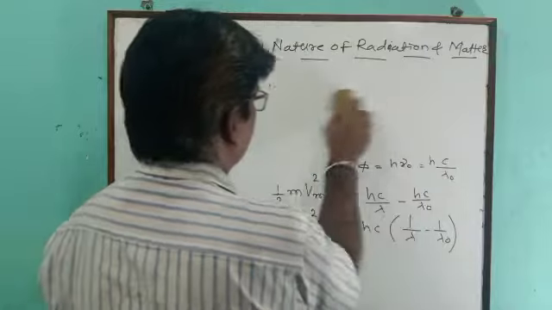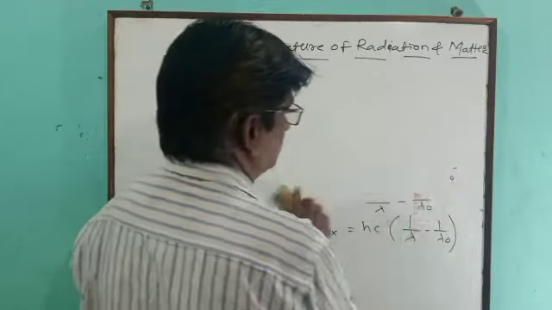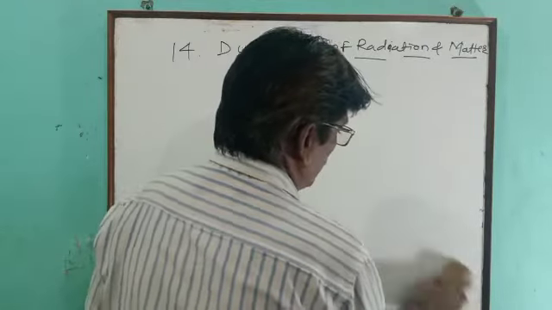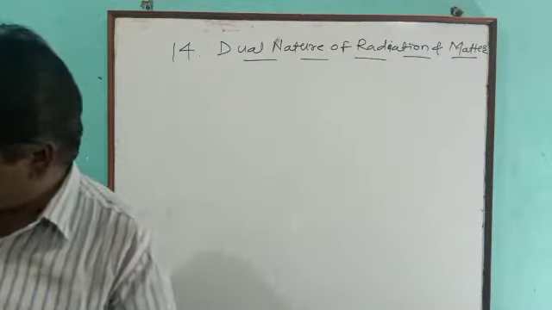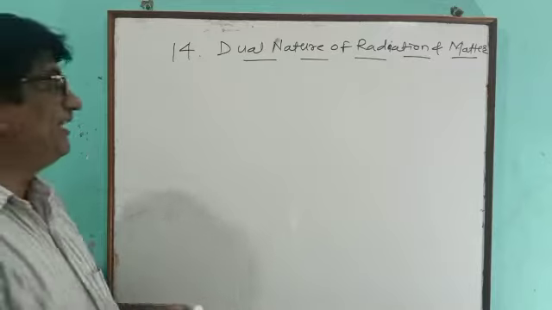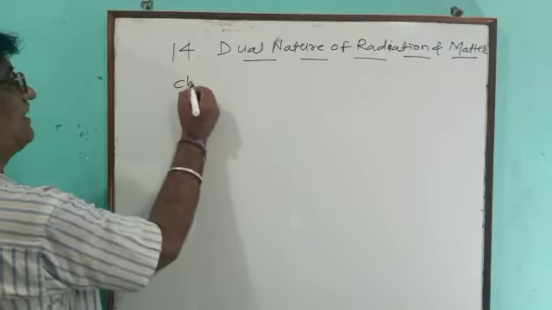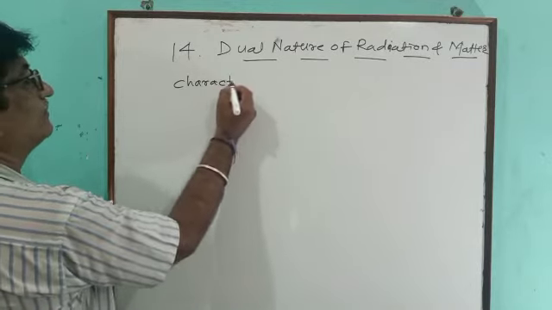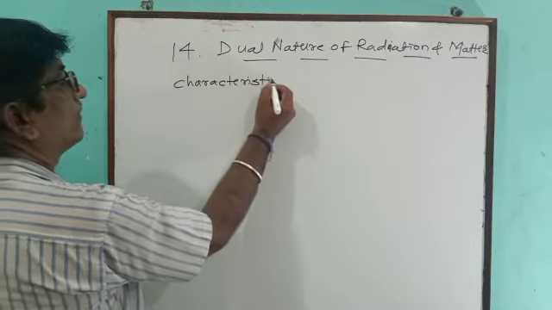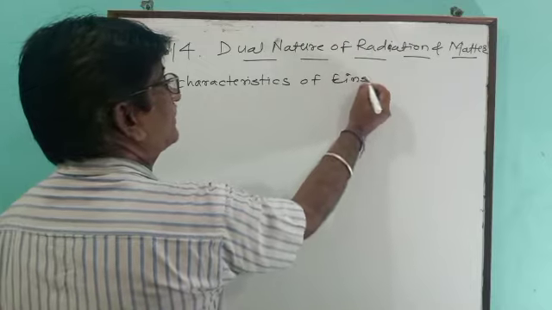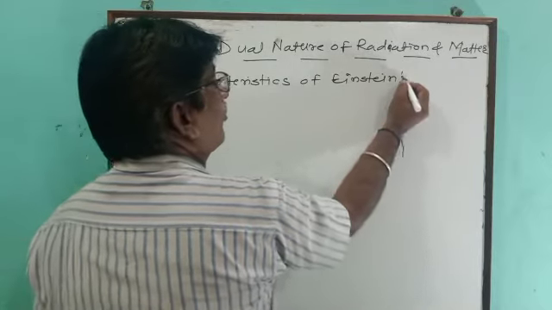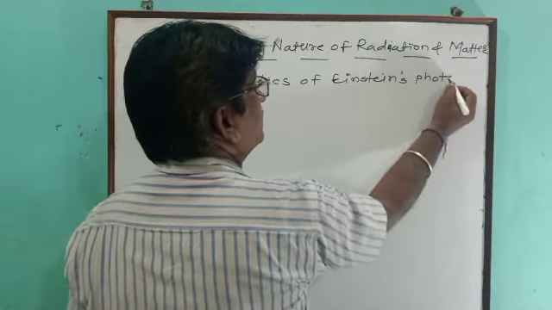In books these are given as observations, but we can also say they are the properties or characteristics of Einstein's photoelectric equation.